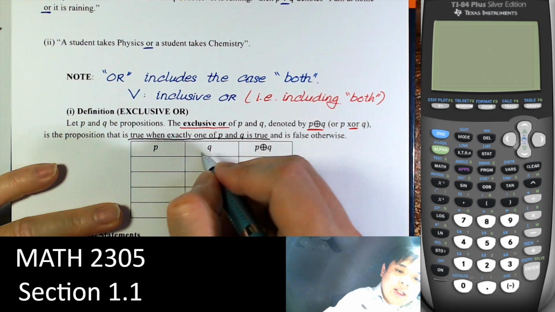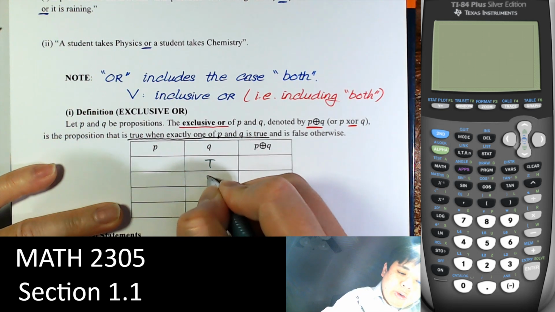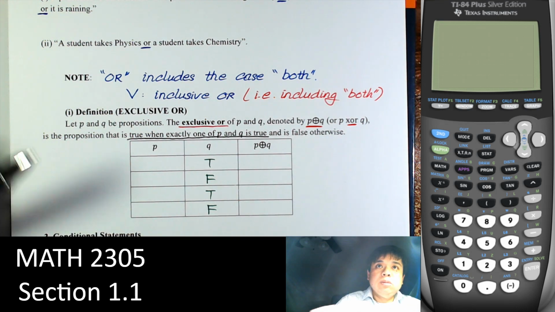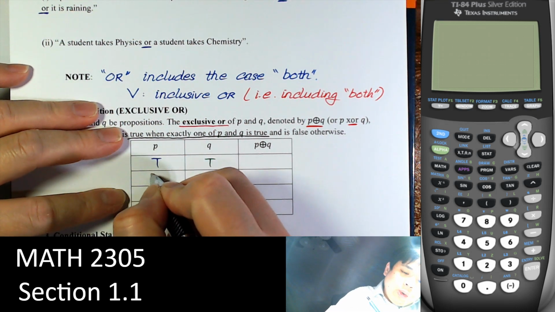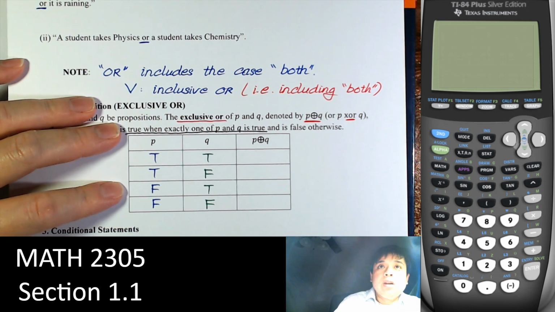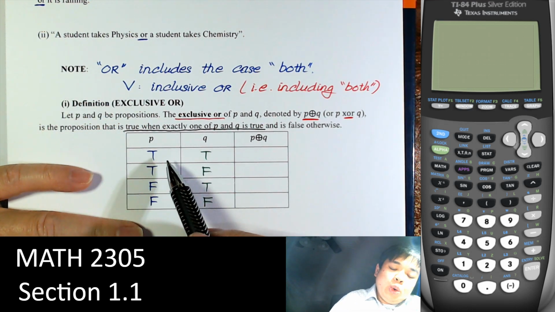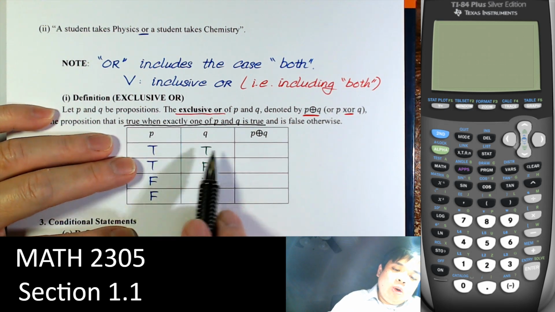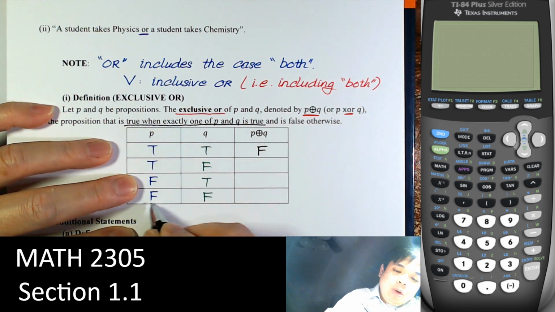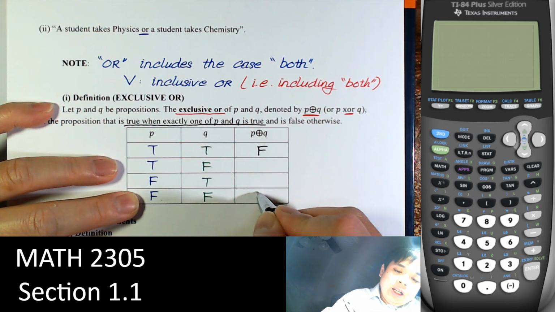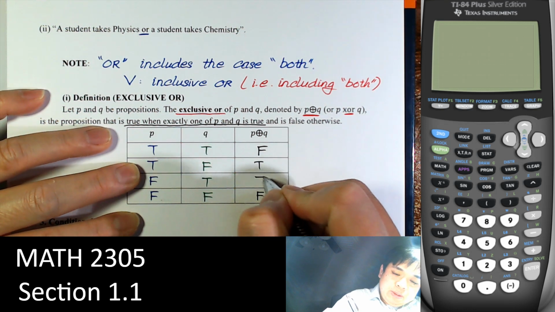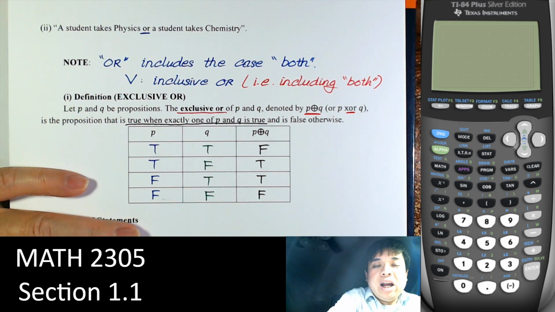So let's say true, false, true, false, true, true, false, false. And it is true when only one of them is true. Both of them are true here, so this will be false. And both of them false here, this is going to be false. And it's true when exactly one of them is true. Right, so that is exclusive or.